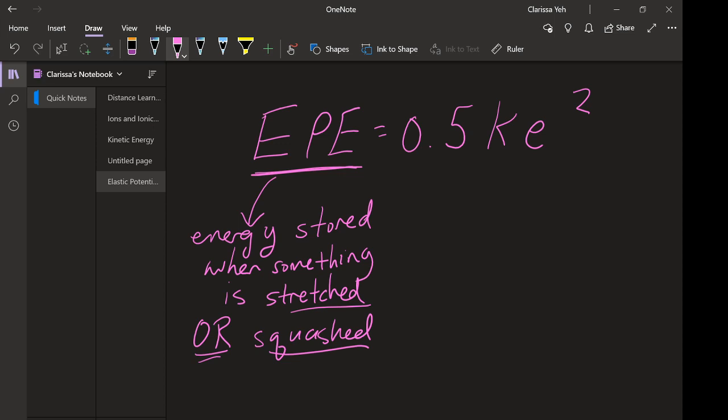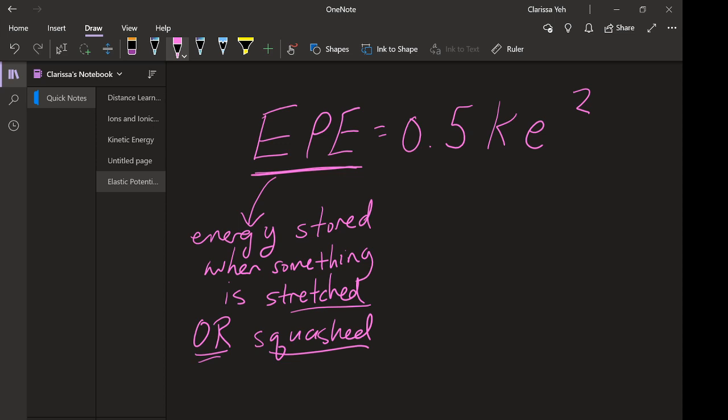So you guys can already think of elastic potential energy as, you stretch an elastic band, you're increasing the elastic potential energy store of that elastic band. But let's say you had a spring and you squash the spring down, that's still storing elastic potential energy. So you can store elastic potential energy by changing its actual shape itself, by either stretching it or squashing it.